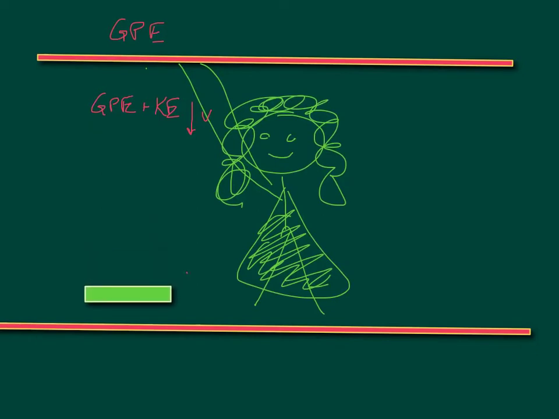So here it's going really fast, and since it's going fast, it has more kinetic energy, but it's not very high above the ground, so it has less GPE, gravitational potential energy.